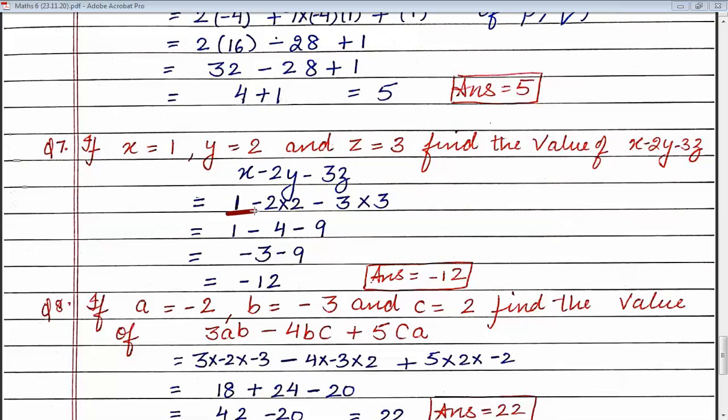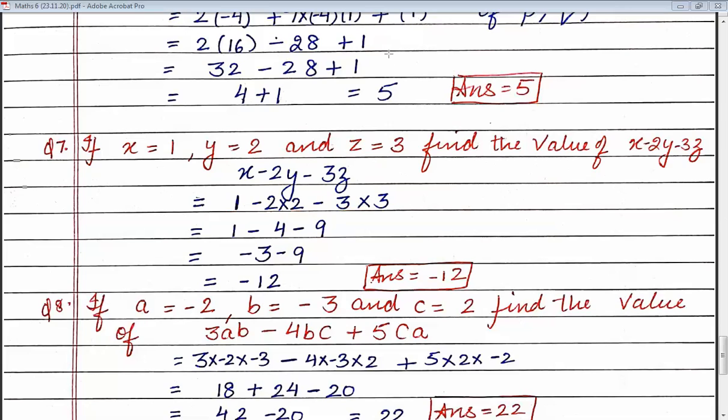Here x is 1. Now in the next term, minus 2 into 2. From where has this 2 come? Because instead of y, we are substituting the value 2. Now the last term, minus 3 into the value of z. And the value of z is 3.